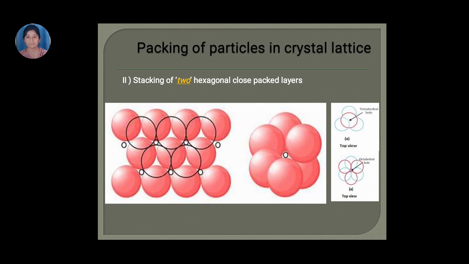Now in this figure, what's happening is, as we have seen earlier, in the hexagonal close packed structure, the voids formed between the atoms are triangular. So we get triangular holes in it.